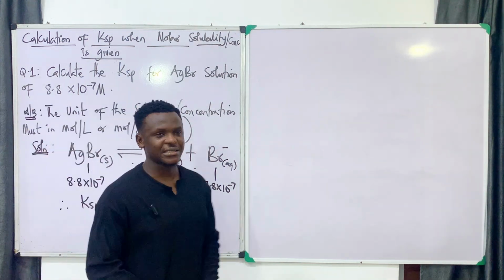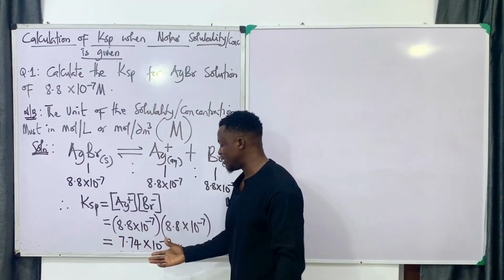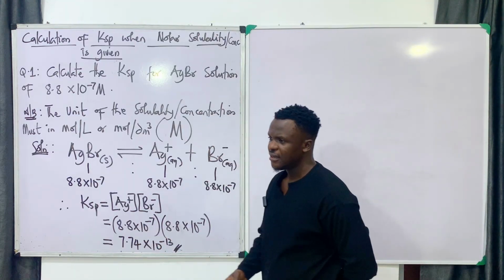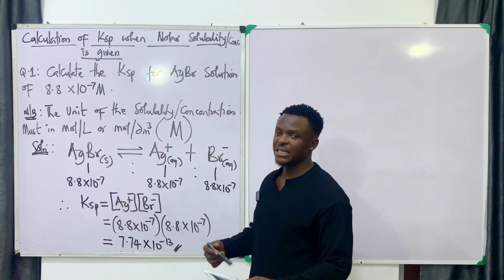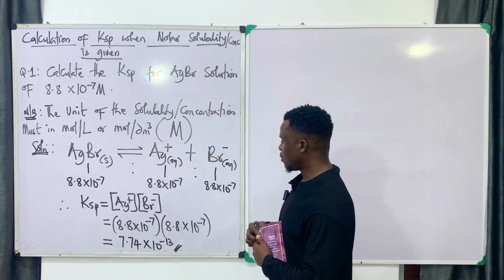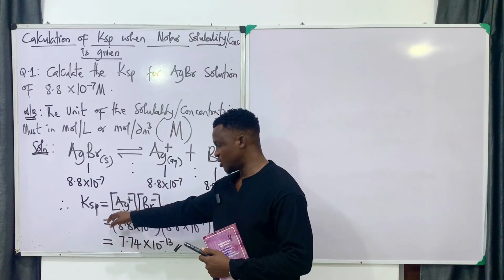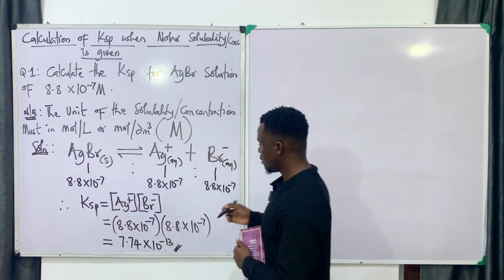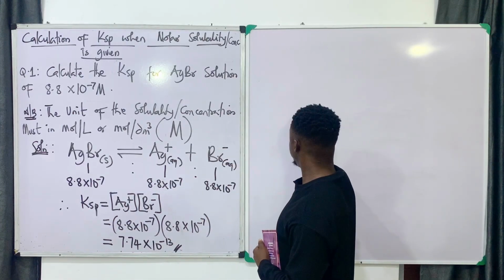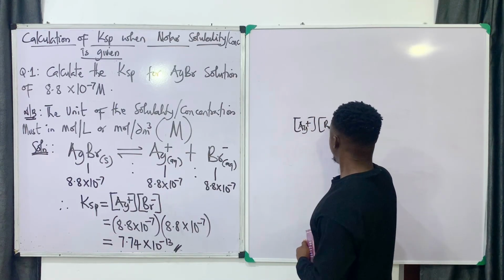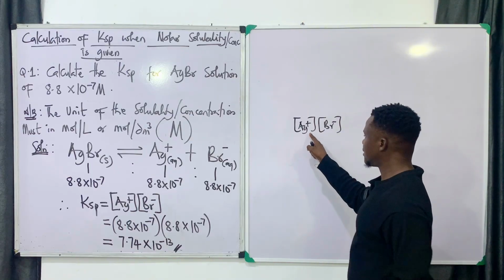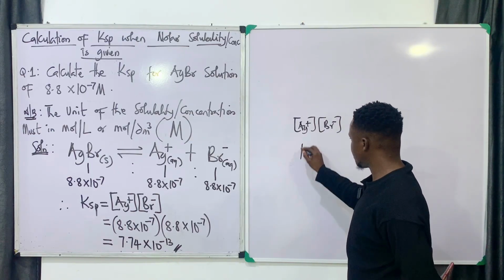Now, some persons might ask, does this have a unit? Well, yes, it can have a unit actually. The unit can be derived. So if you look, Ag+ and Br- are concentrations, so we'll say molar.